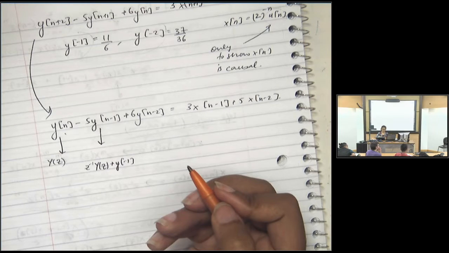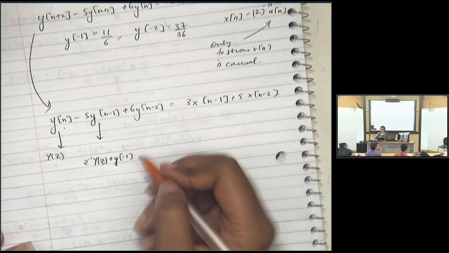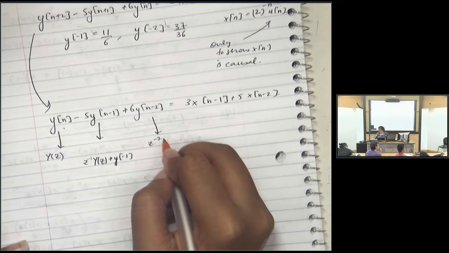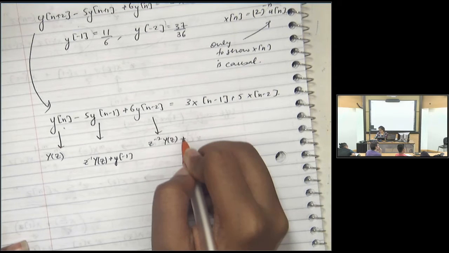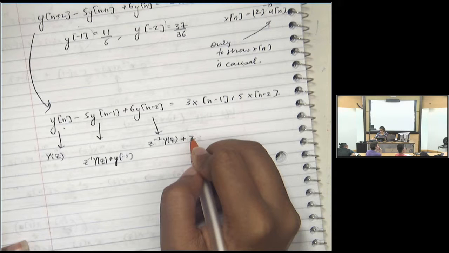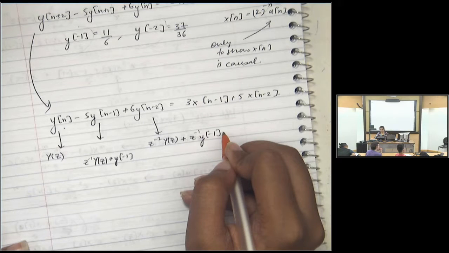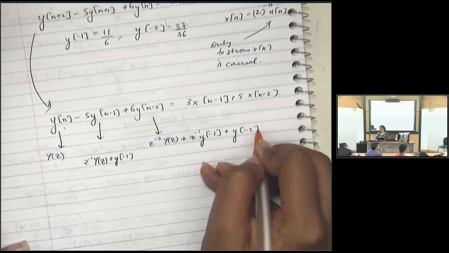Y of n minus 2? Z to negative 2, y of z plus z to negative 1 y of negative 1, plus y of negative 2. Correct. Good.